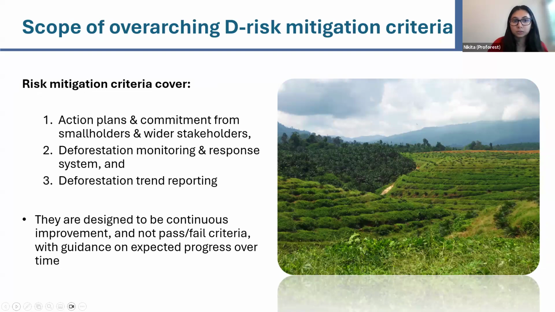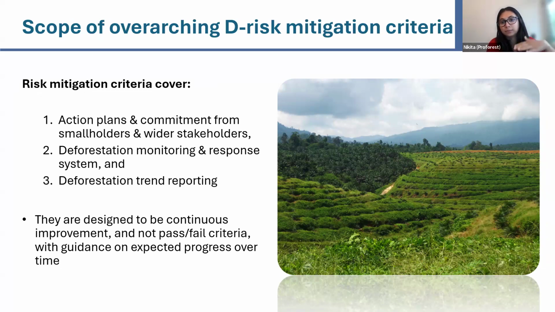So what is the scope of these deforestation risk mitigation criteria? In a nutshell, they cover action plans and commitment from smallholders and wider stakeholders. They cover deforestation monitoring and response, and they cover a trend of deforestation reporting.